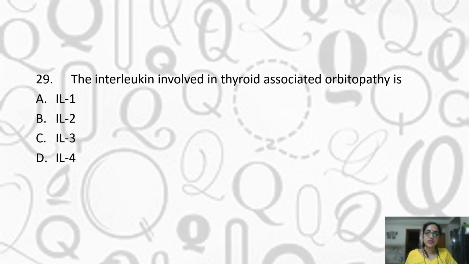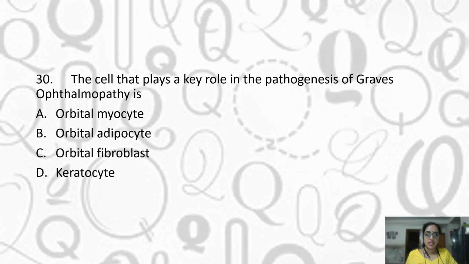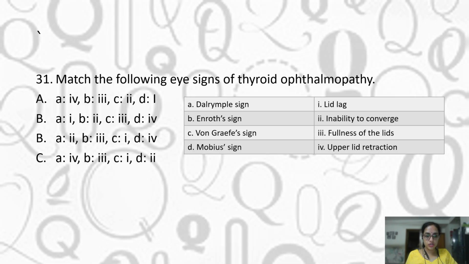So the interleukin involved in thyroid associated orbitopathy is interleukin 1. Again, a memory based question. The cell that plays a key role in the pathogenesis of Graves' ophthalmopathy, we just discussed this, is the orbital fibroblast. The other cells are given to just confuse you. So it is the orbital fibroblasts.